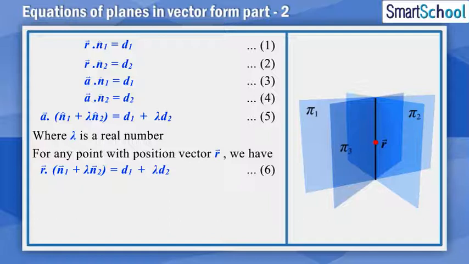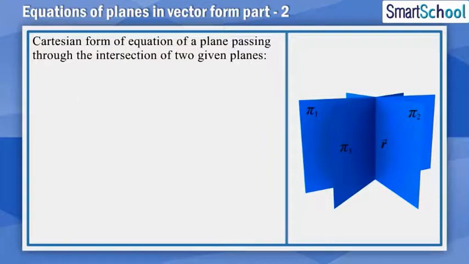An infinite number of planes can pass through the line of intersection of planes pi1 and pi2 for different values of the scalar lambda. Now we will derive the Cartesian form of the equation of plane pi3 passing through the intersection of planes pi1 and pi2.